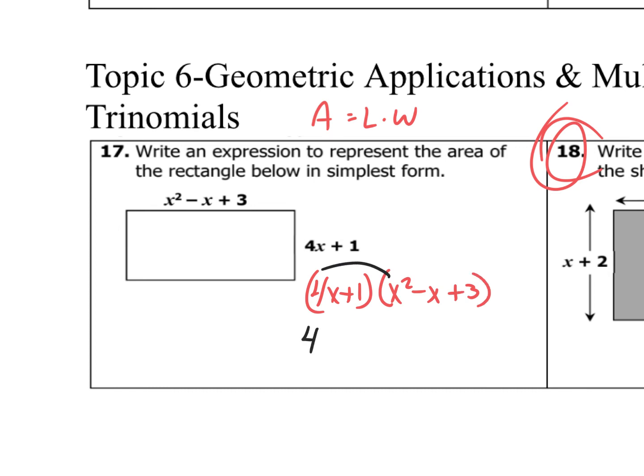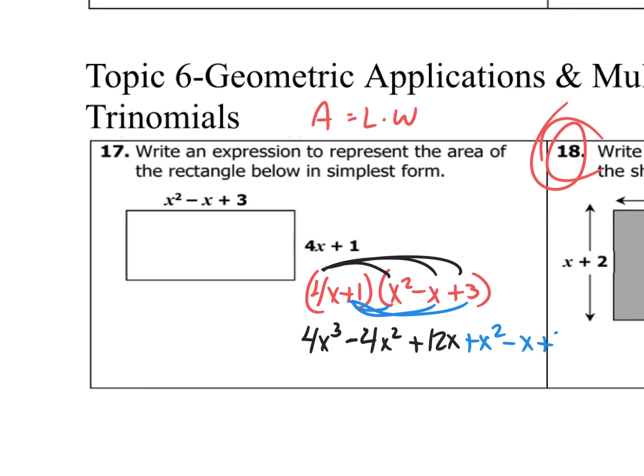That's going to be 4x cubed minus 4x squared plus 12x. When you're doing this, don't forget about your exponents. All right, you got to go slow and steady with this. All right, now 1, that's x squared minus x plus 3.